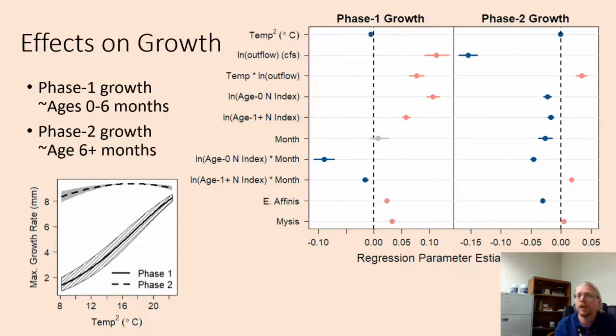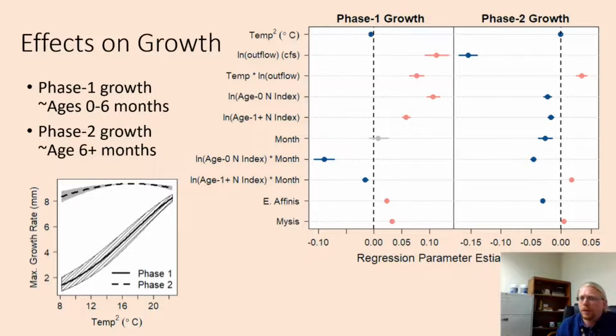And we can continue walking down this figure. But one of the things I wanted to point out is that the relationship between these covariates isn't always consistent across both phase 1 and phase 2, and often they're not. Often we see opposite effects of the covariate on phase 1 compared to phase 2.